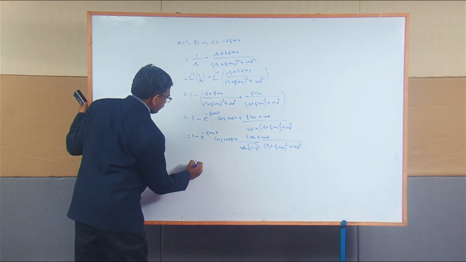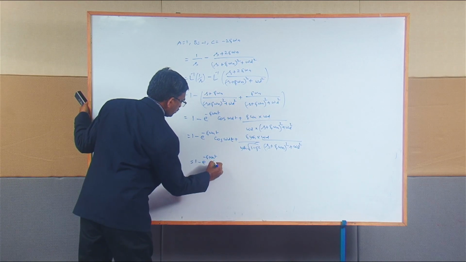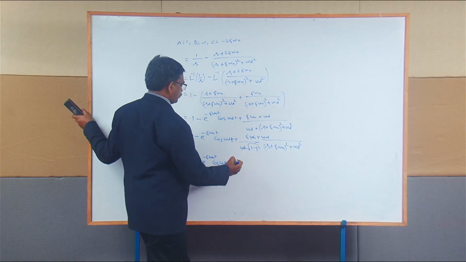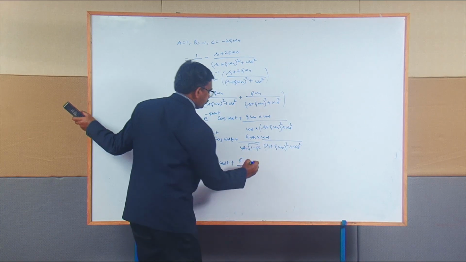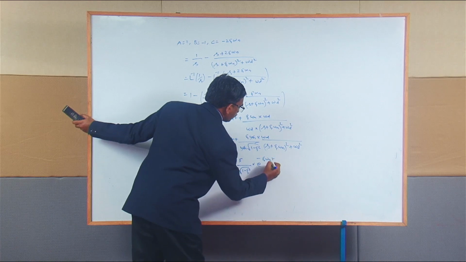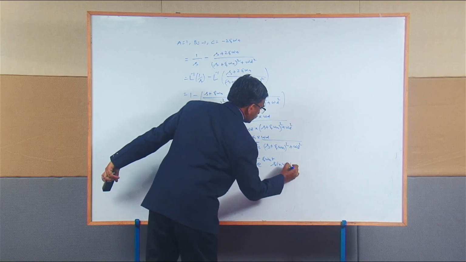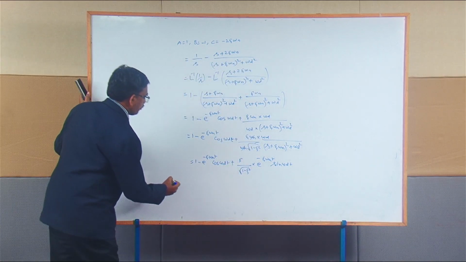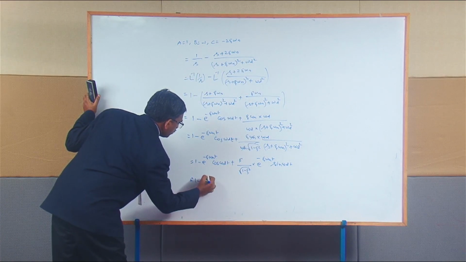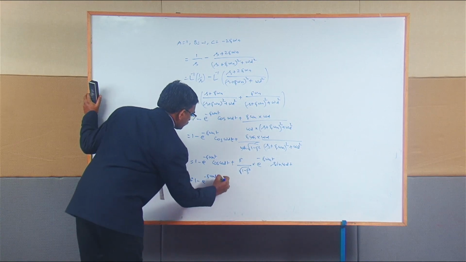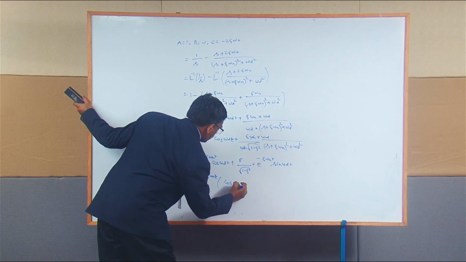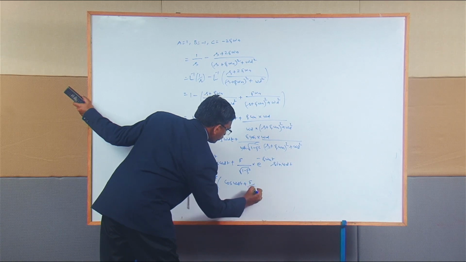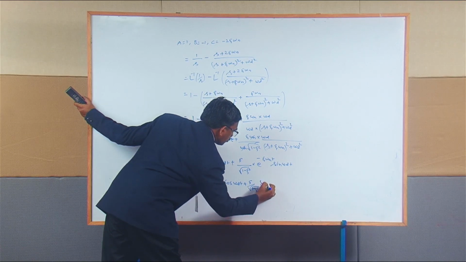This will be 1 minus e power minus zeta omega n t cos omega d t plus zeta divided by square root of 1 minus zeta square into e power minus zeta omega n t sin omega d t. Taking out e power minus zeta omega n t: 1 minus e power minus zeta omega n t (cos omega d t plus zeta divided by square root of 1 minus zeta square sin omega d t).